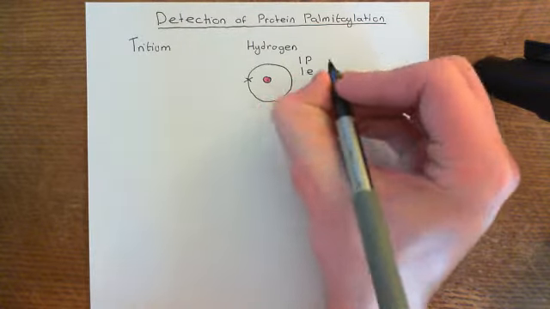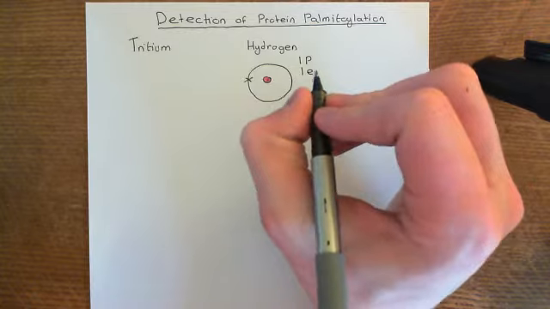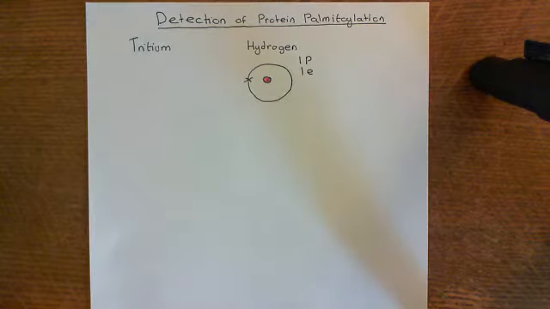The question then becomes, how many neutrons do they have? Well, the number of neutrons is not set. You can have any number of neutrons you like, and it would still be named hydrogen. But obviously the different hydrogen atoms, which have different numbers of neutrons in their nucleus, will have different properties.